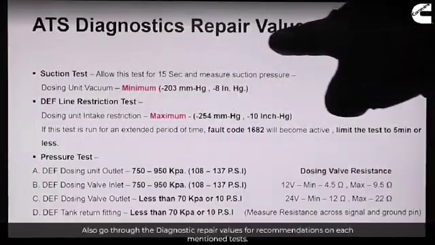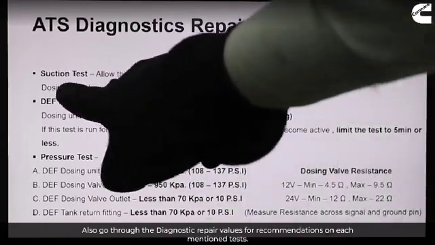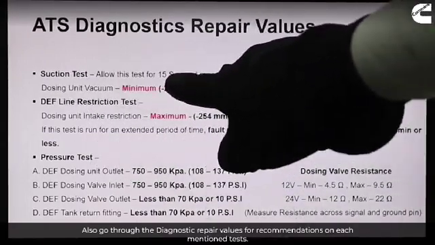Also go through the diagnostic repair values, for recommendations on each mentioned test.